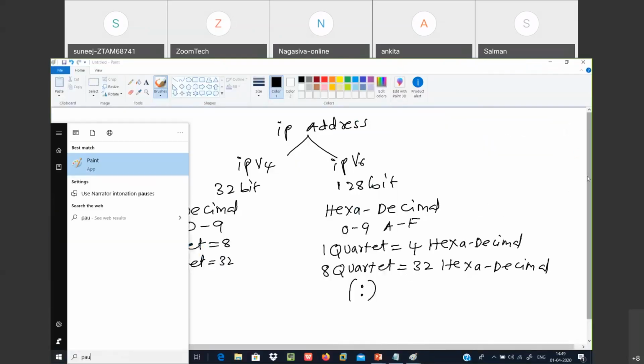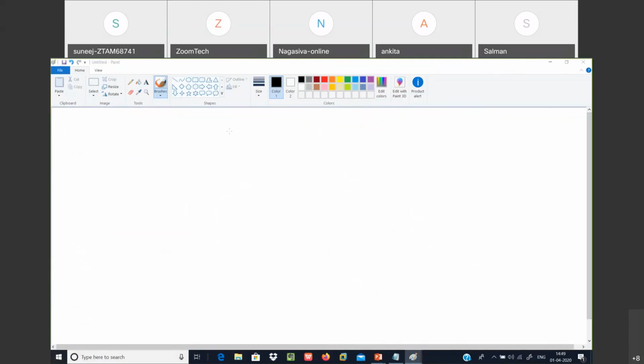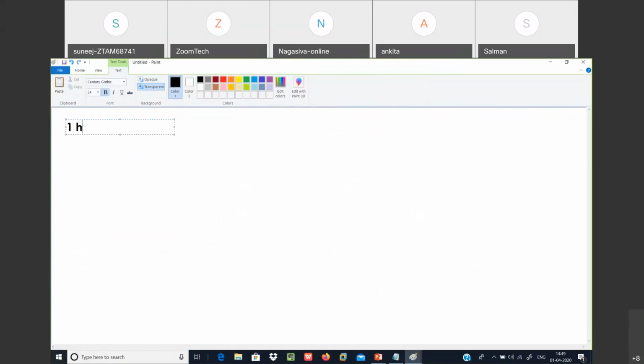Next point about IPv6 address is, what? It is a hexadecimal number, right? One hexadecimal digit is equal to 4 bits.